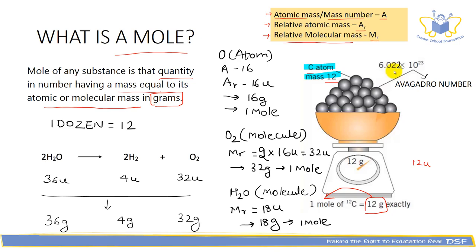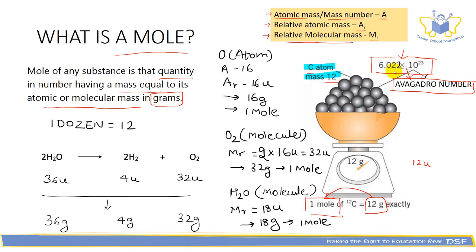And 1 mole of any substance will have 6.022 into 10 power 23 particles of that particular specimen. It just means that 1 mole of carbon will also have 6.022 into 10 power 23 atoms of carbon. And this particular number is termed the Avogadro number.